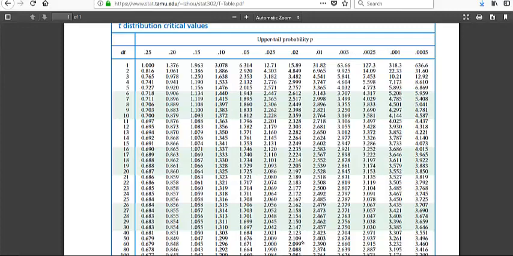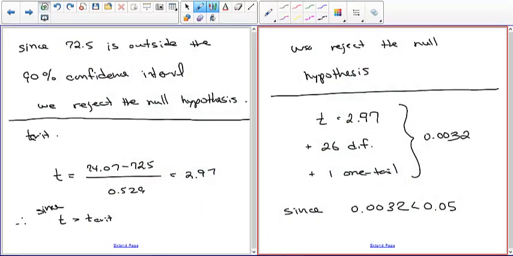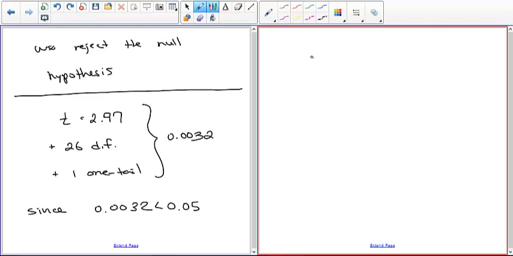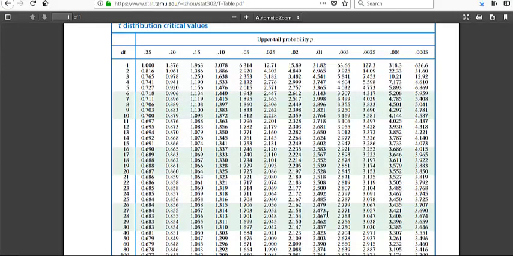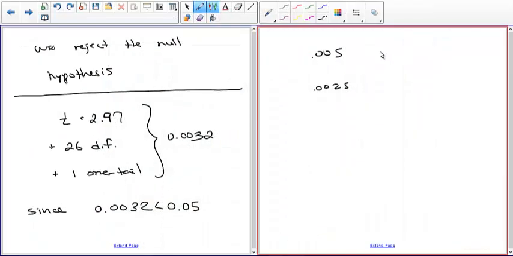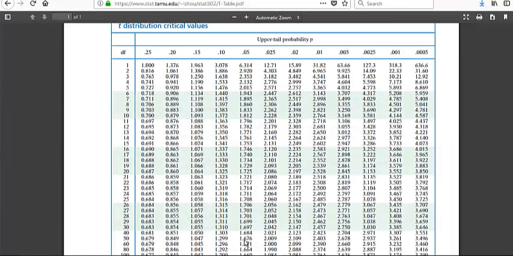So let's write those numbers down, and I'll show you how you would interpolate. So 0.005 and 0.0025. The corresponding values were 2.779 and 3.067.